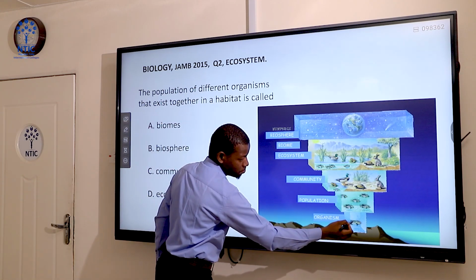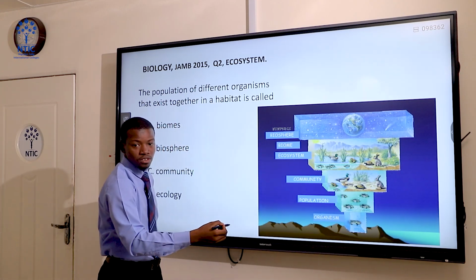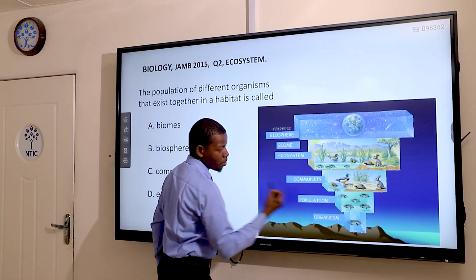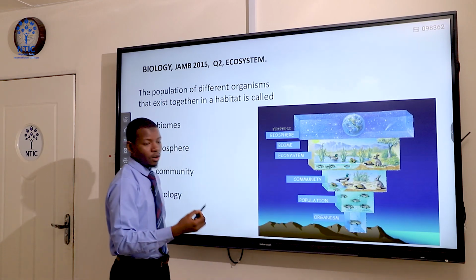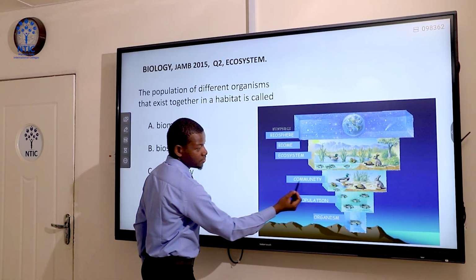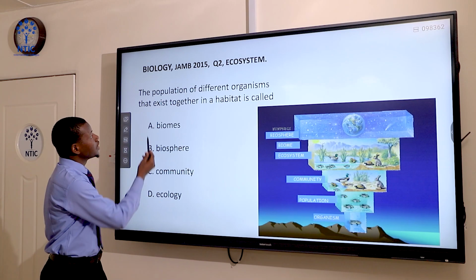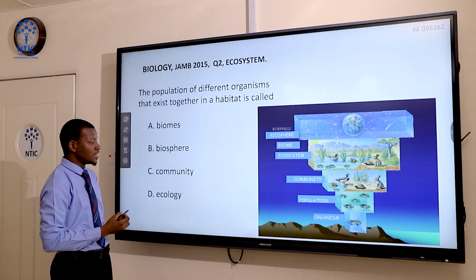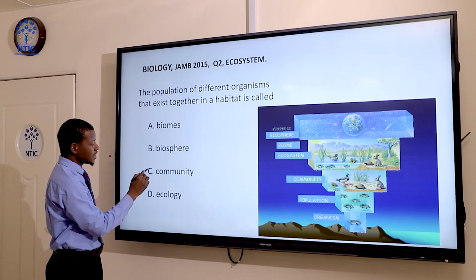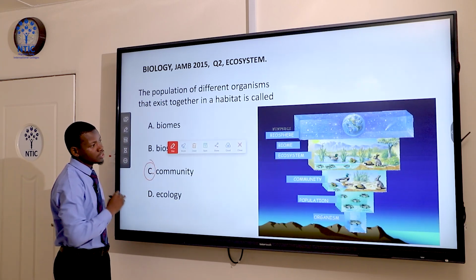When you have the same organism living together, it is referred to as population. When you have population of different organisms existing together, it is referred to as community. And the question is asking about population of different organisms that exist together in a habitat. So the correct answer here is community.